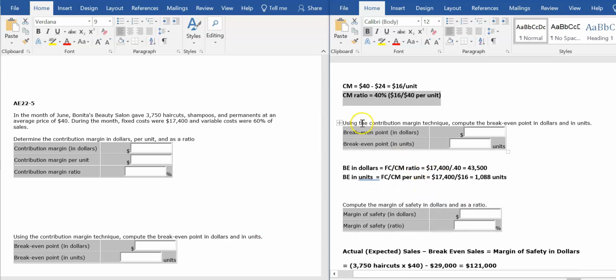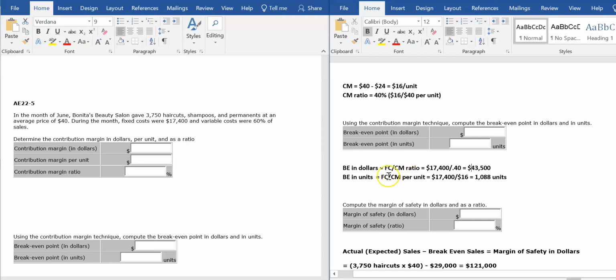Now we can use the contribution margin technique to compute the break-even point, both in dollars and in units. To calculate the break-even in dollars, we take the amount of fixed cost and divide by the contribution margin ratio. The ratio was 40%. Fixed cost divided by 40% gives us a break-even point in dollars of $43,500.